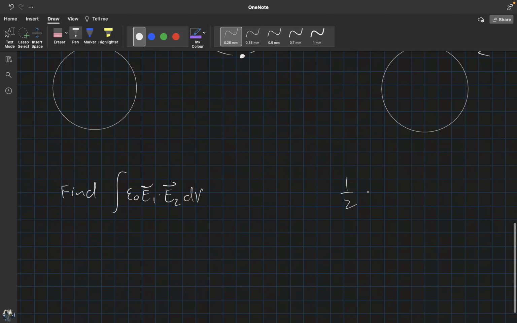Correct. Are you aware of this one? Yes, sir, I think this comes somewhere in capacitance. But you are aware that sigma squared by twice epsilon naught is nothing but pressure or stress. So we can integrate it over area and we get energy. You'll get the same relation, which you can later write as sigma squared by twice epsilon naught.